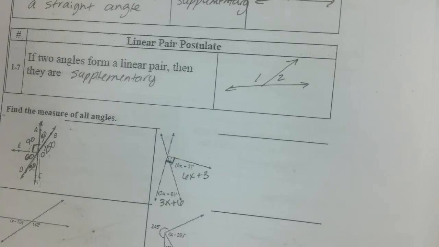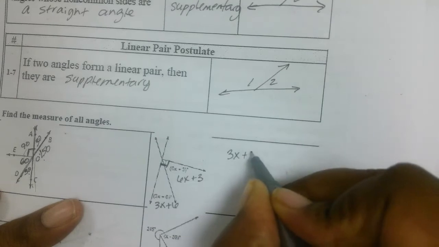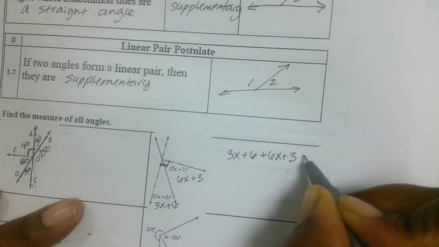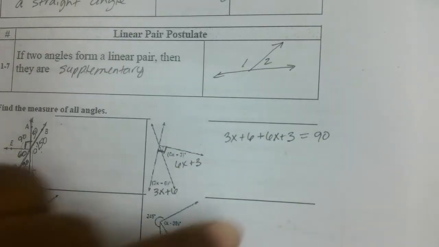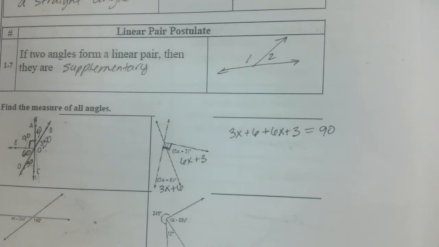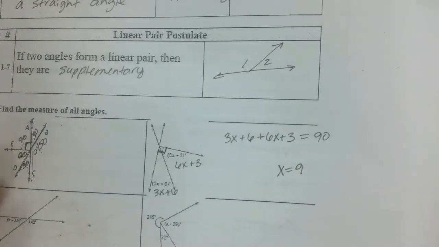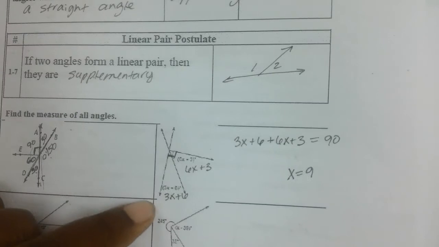So I can just say 3x plus 6 plus 6x plus 3 equals 90. To save time, I'm not actually going to solve this out, but if we were to solve it, we would find x equals 9. And if x equals 9, then I can go back and plug it into these parts to find out how much each one would be.